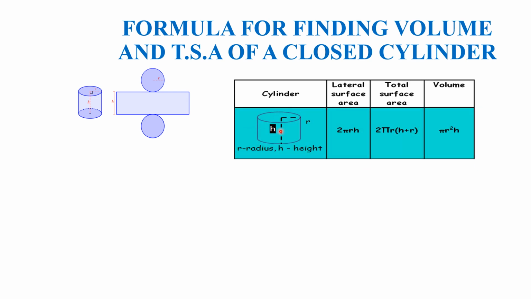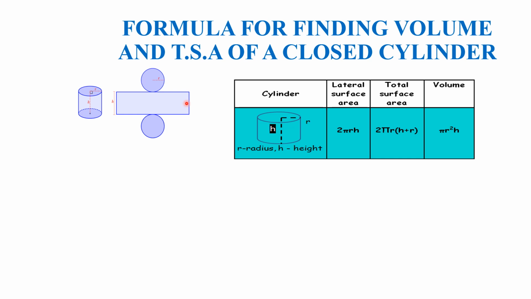Now this is our cylinder, this is the height, and this is the radius. So the lateral surface area, as we have said in properties, is the area of the curved surface. Lateral surface area is the curved surface. Whenever you fold this rectangle, you form the curved part.